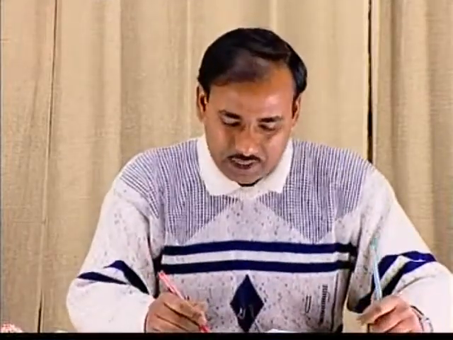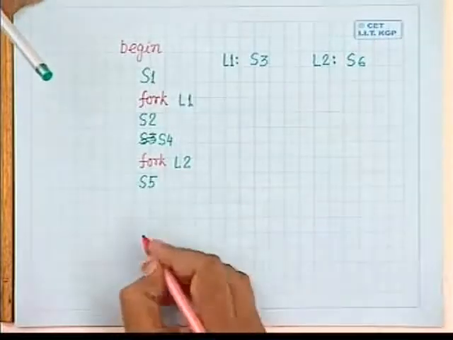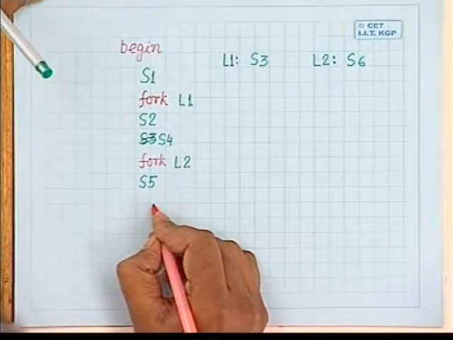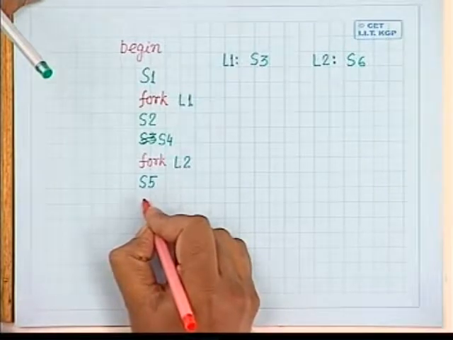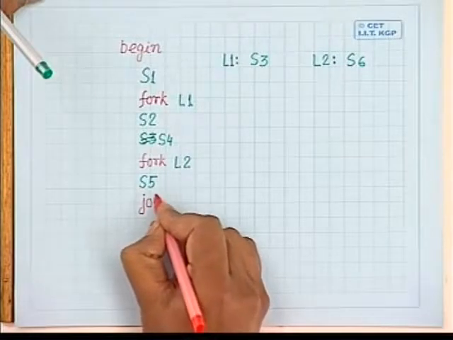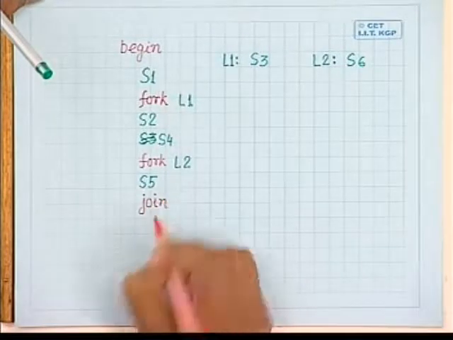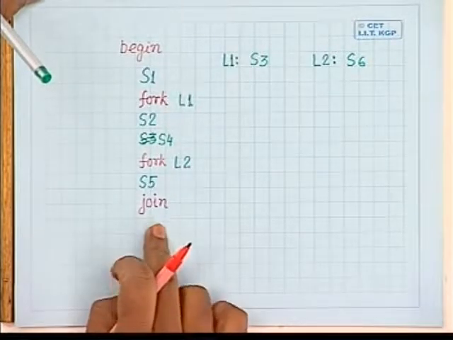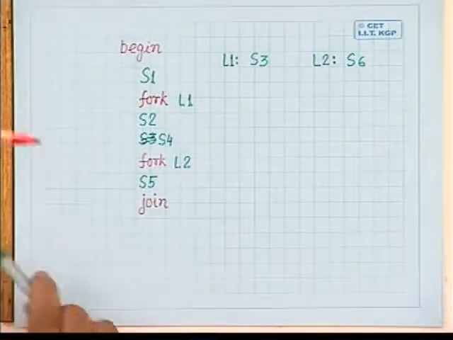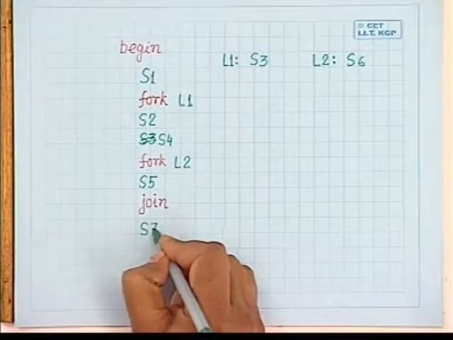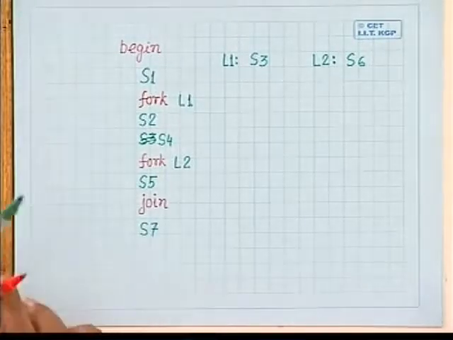So I put a join statement, which has to work with an argument. I'll come to that later. After this join statement, statement S7, the last statement in this program module, executes, and then finally we have the end of the program.